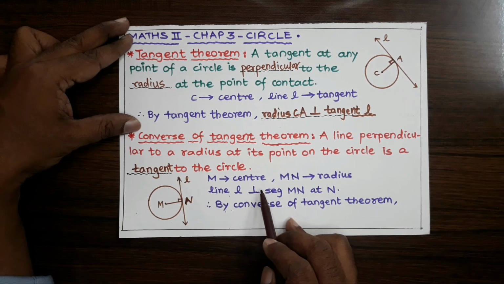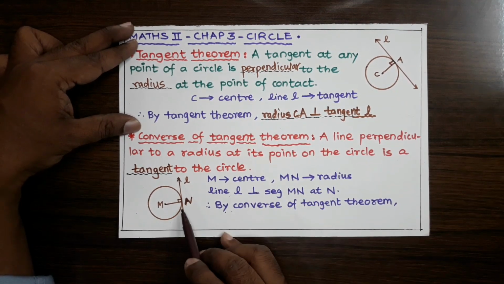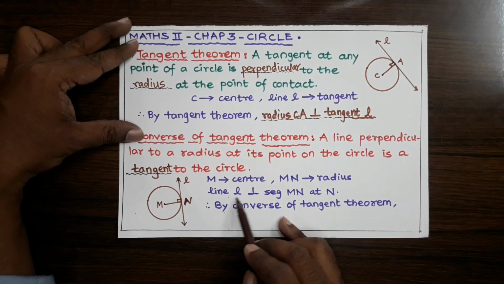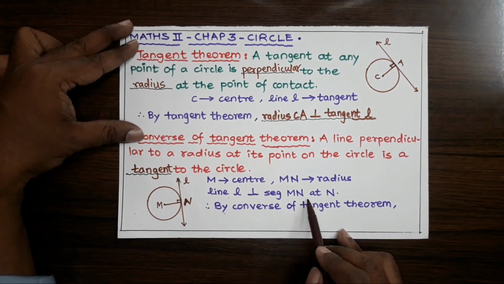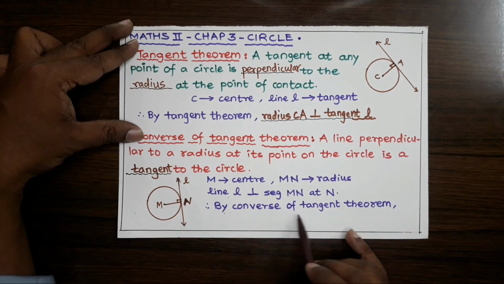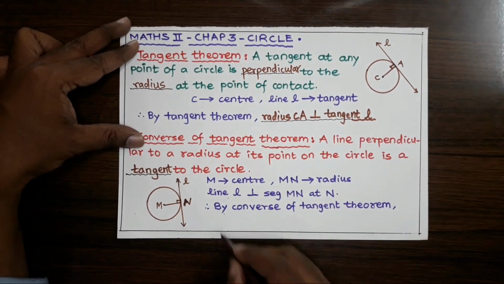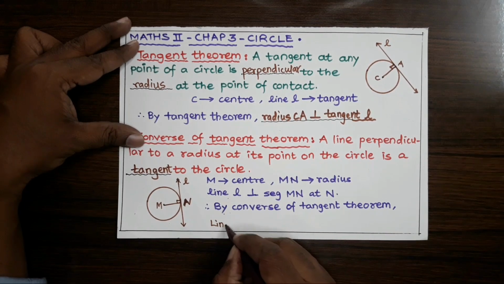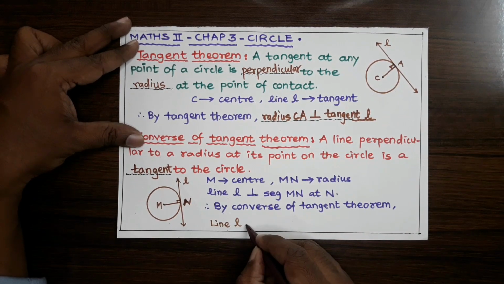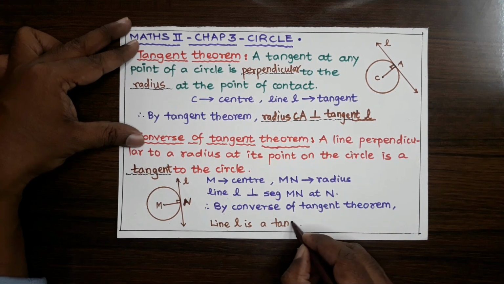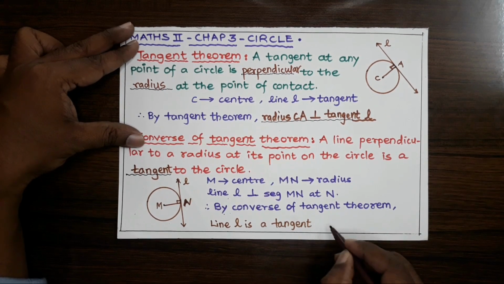So if M is the center and MN is the radius, and line L is perpendicular to MN at N, then by the converse of the tangent theorem we can clearly say that line L is a tangent to the circle.